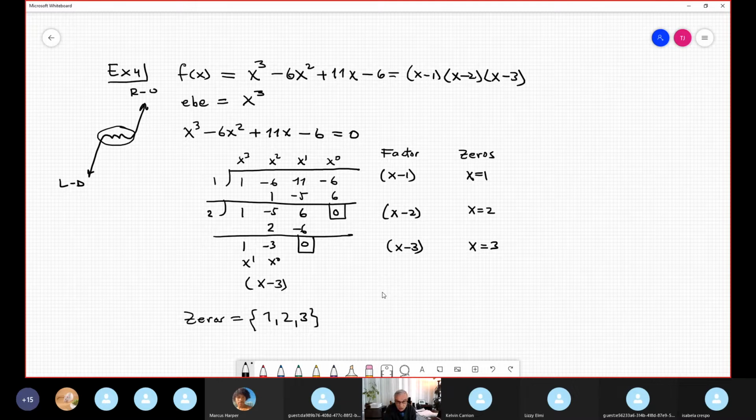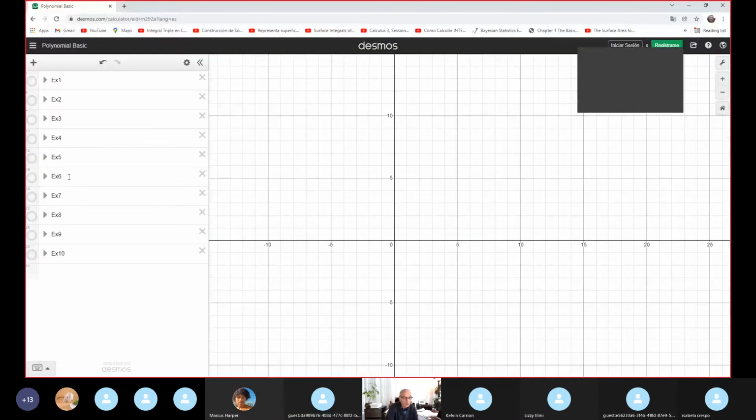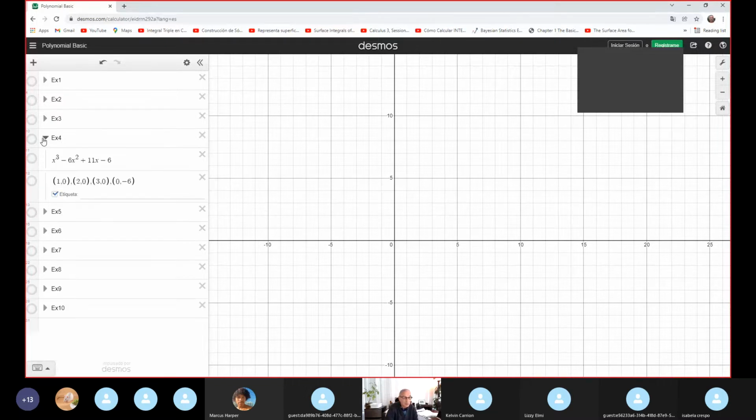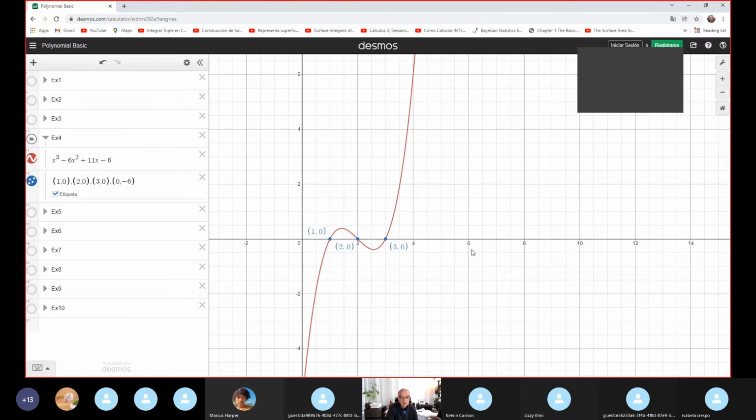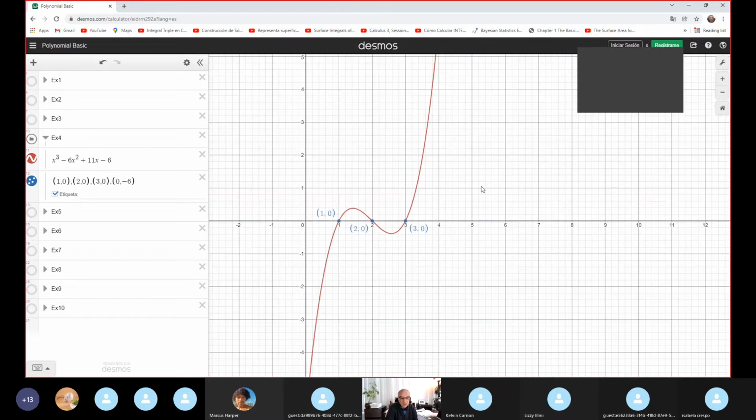Okay, let's go to decimals to see this example. So in real life, we can do it in that way. You have the polynomial in the test. Okay. You are doing the graph of this polynomial. Look. And you can see at what point my polynomial crosses or touches the x-axis. In this case, 1, 2, 3.